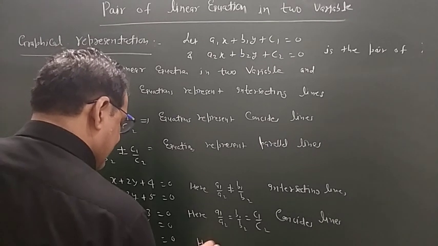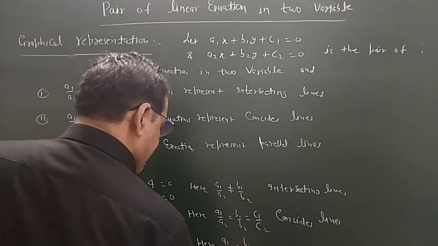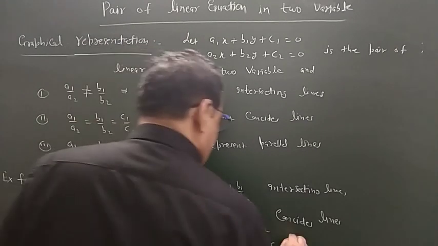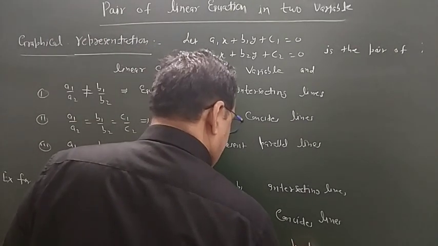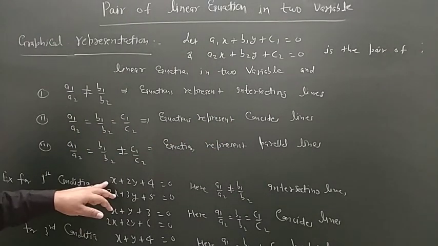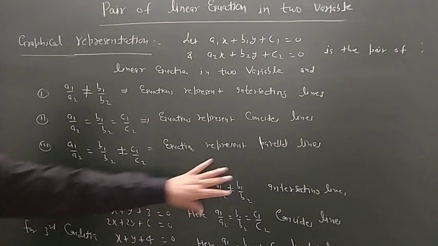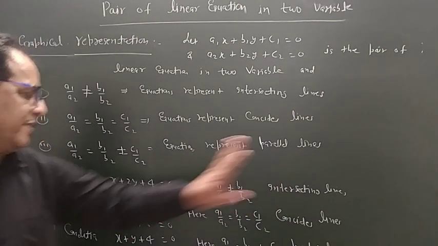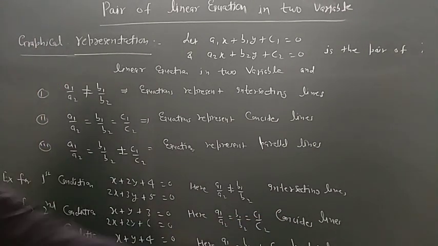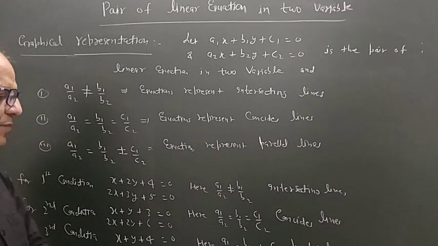Here A1 upon A2 equal to B1 upon B2 not equal to C1 upon C2. So these are parallel lines. This is the condition for parallel lines. So in a numerical problem, first we select A1, B1, C1, A2, B2, C2 and check. If the first condition is verified, we can say the lines are intersecting. If the second condition is verified, then the lines are coincident. If the third condition is verified, then the pair of straight lines are parallel lines.